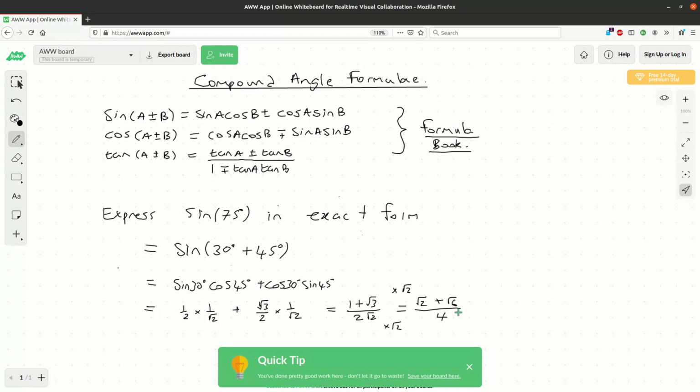Okay, let's try, what about this? What about if it said solve, yeah, let's do this one. Solve, if we have cos x cos 60 plus sine x sine 60 equals root 3 over 2.